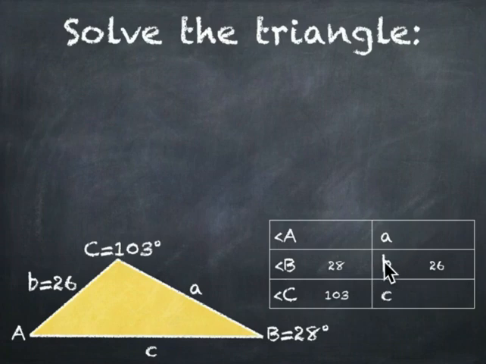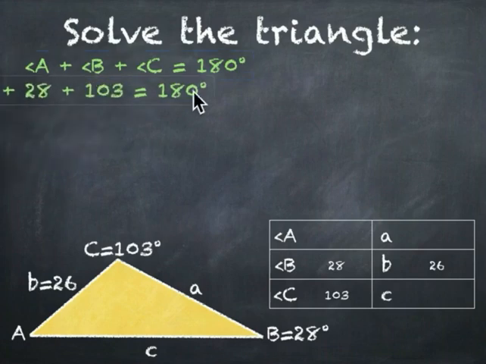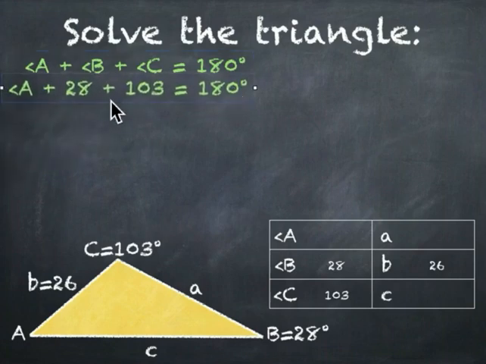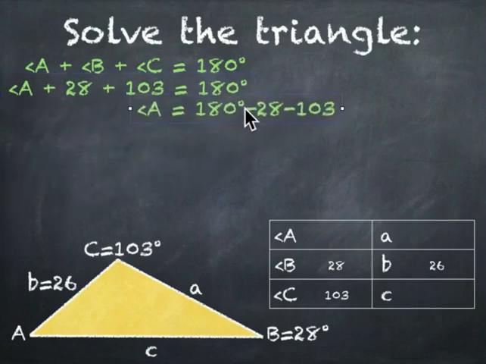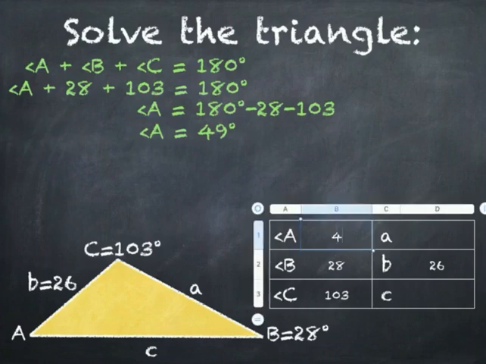And maybe I'd take a moment and see if we can find angle A. We can use the angle sum theorem for that. If we have all 3 angles and we put in the angles that we know, we can subtract 28 and 103 from both sides, and we get that angle A is equal to 49 degrees. And so I can fill that in a moment.